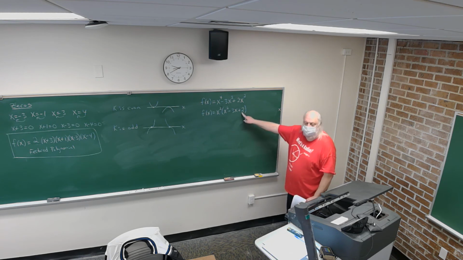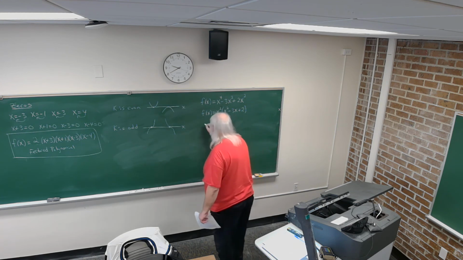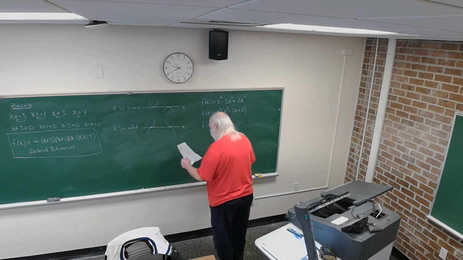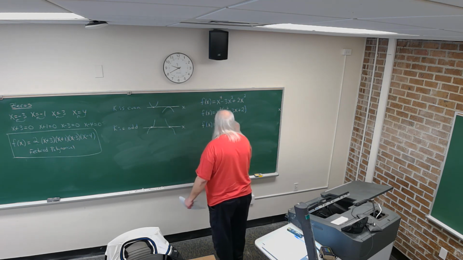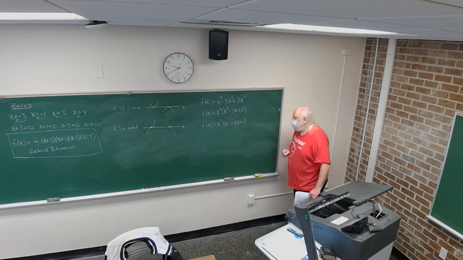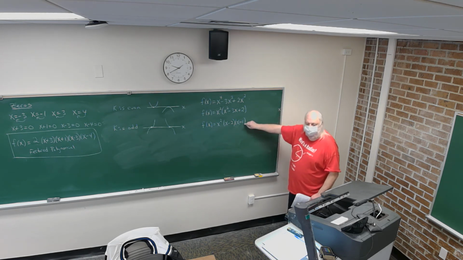Then this quadratic factors with integers into x minus 2 times x minus 1. So we went from a polynomial in standard form to a polynomial in factored form.